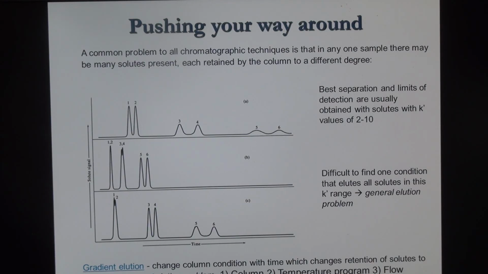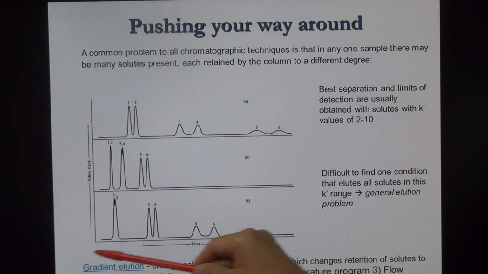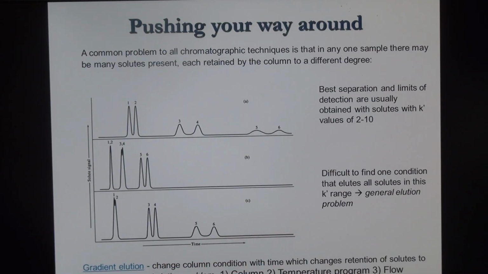Okay? So sometimes we need to use gradient elution. Basically, we change operating condition as a function of time when we operate GC. Okay? Such as we change column, we change temperature, or we change flow rate, something like that.